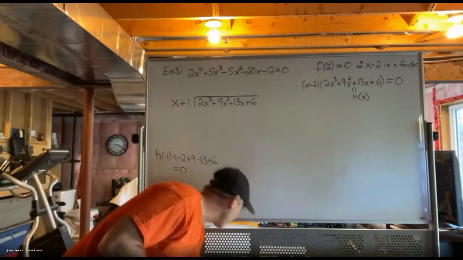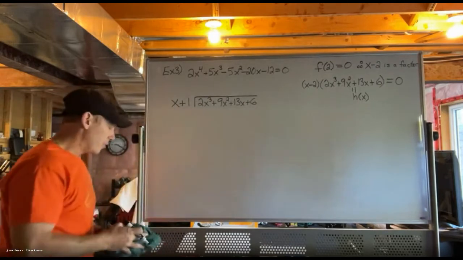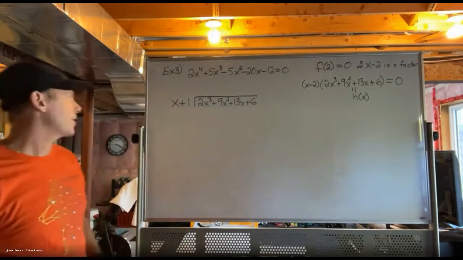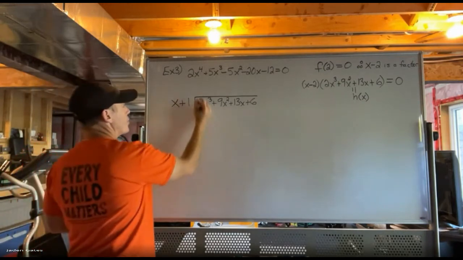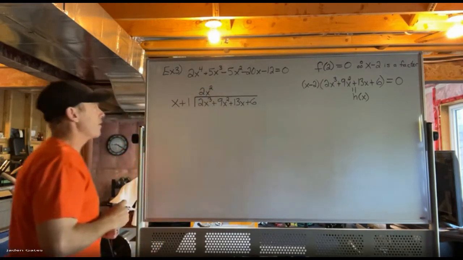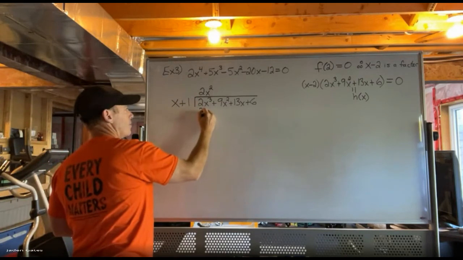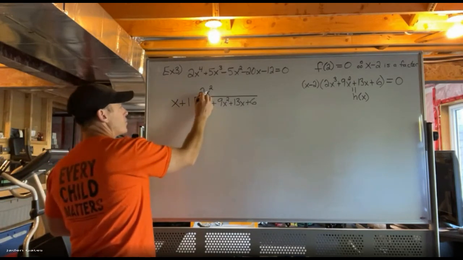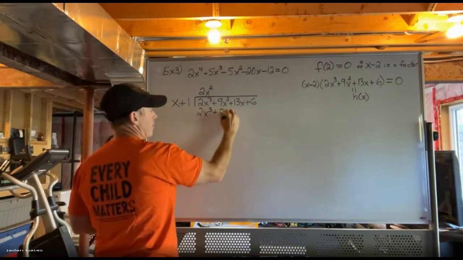So now that I've got the factor, I'm going to do polynomial division once again. All right, so how do I get from x to 2x cubed? I multiply by 2x squared. So now I've got 2x squared times x is 2x cubed. 2x squared times 1 is 2x squared.